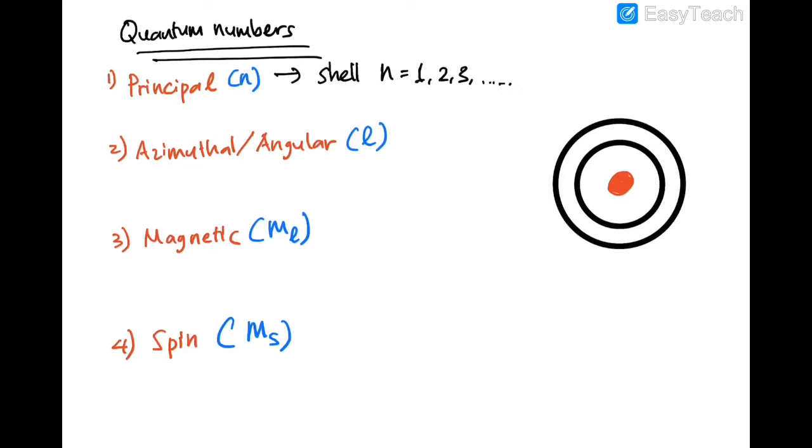Now, due to the introduction of quantum mechanics, it is realized that the electron itself is also, just like light, both wave and particle, or what we know as the wave-particle duality. Due to this, it is not possible for us to pinpoint the exact location of the electron as well as its momentum.